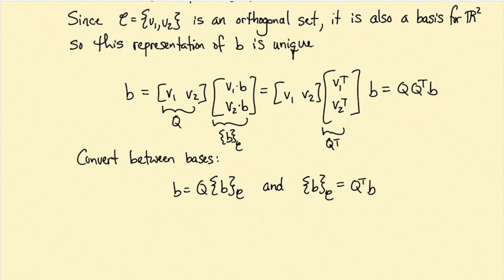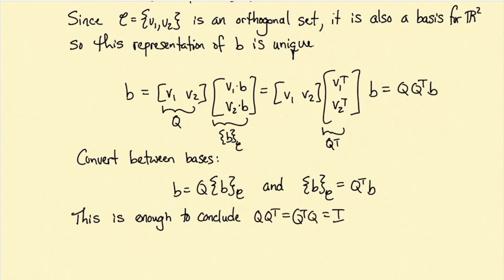Putting all of this together, the fact that this works for every single vector in R2 is actually enough to conclude that Q transpose is the inverse of Q, so that Q times Q transpose is the identity.